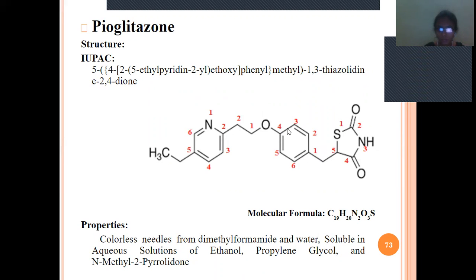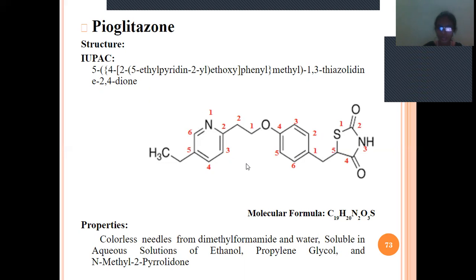See here: 5-[[4-[2-(5-ethylpyridin-2-yl)ethoxy]phenyl]methyl]-1,3-thiazolidine-2,4-dione.